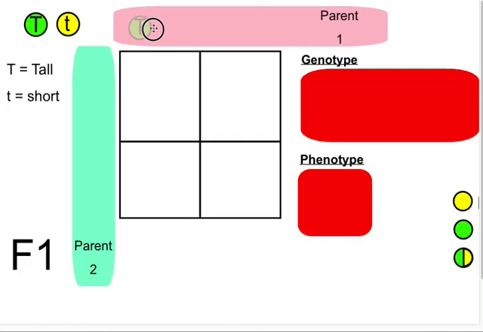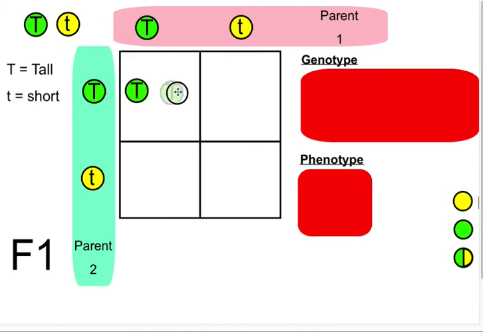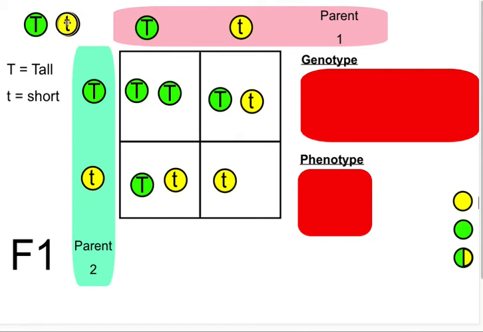What if we had a heterozygous parent with a heterozygous parent? Well, then in this cell we would have two dominant traits, and in the one down here we would have a dominant with a recessive, and in the one over here we would have a dominant from one parent and a recessive from the other, and in this possibility we would have recessive and recessive.